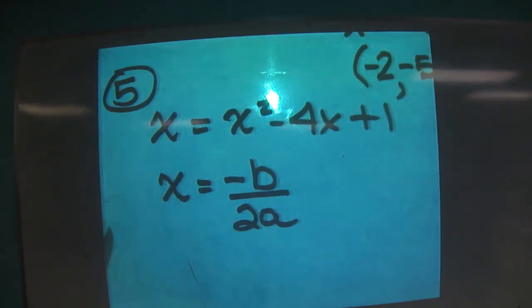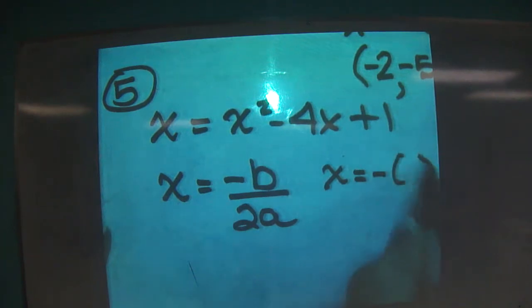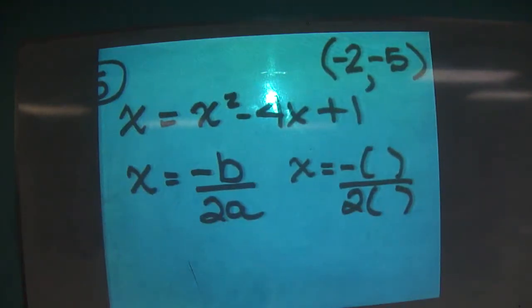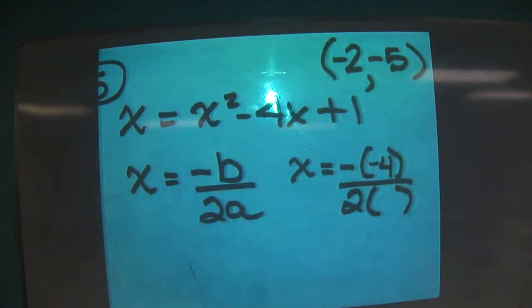So what's b? It's in standard form already. -4. So x equals negative, then put your variables in parentheses. So b is -4. What's a? 1.